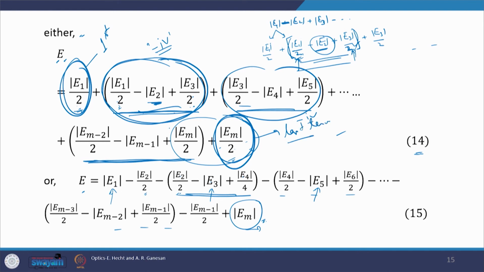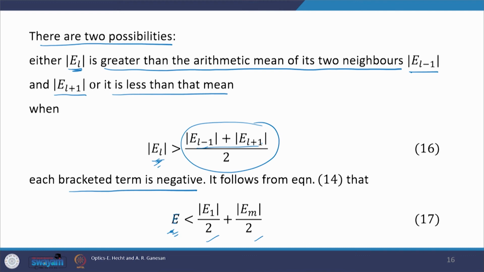And in this series, apart from these two terms, we have a lot of negative terms. Once these negative terms are subtracted from this first and last term, we get E. Therefore, E must be smaller than E1 by 2 plus EM by 2, and this is what is written here.